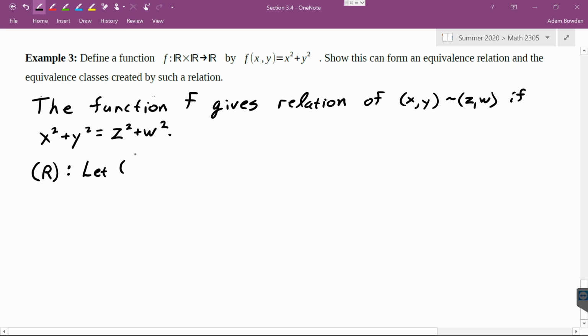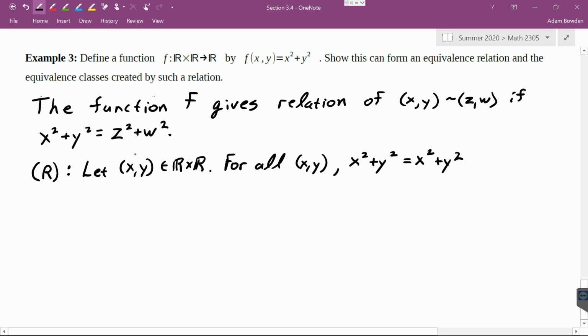If we start with an ordered pair (x, y) with real number components, then we can tell that for all (x, y), x squared plus y squared is equal to itself, x squared plus y squared. So what this means is that (x, y) relates to (x, y). So it is reflexive.